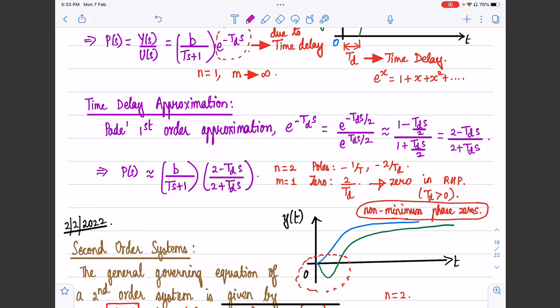Now, the zeros affect the transient response and the steady state value by influencing the coefficients that come about in the output function. So the shape of the output function and the steady state value are affected by both the poles and zeros, whereas the poles decide whether the output is going to be bounded or unbounded for all bounded inputs. That is the difference.